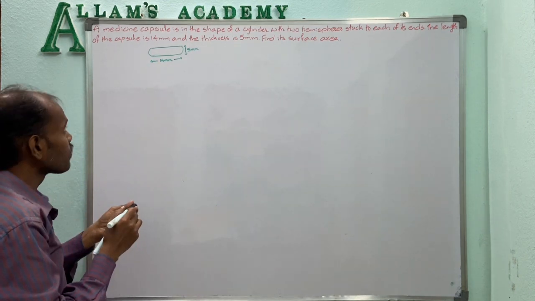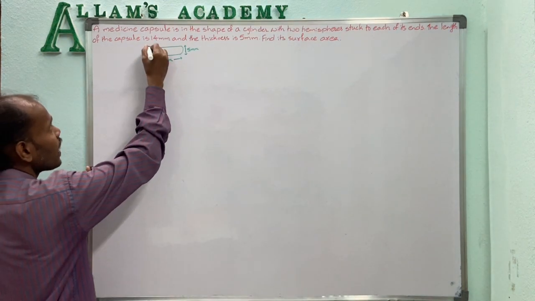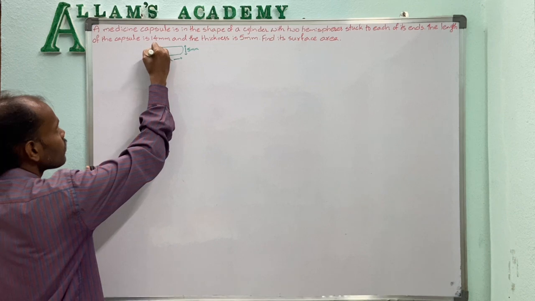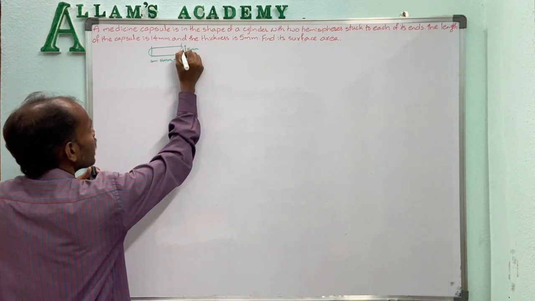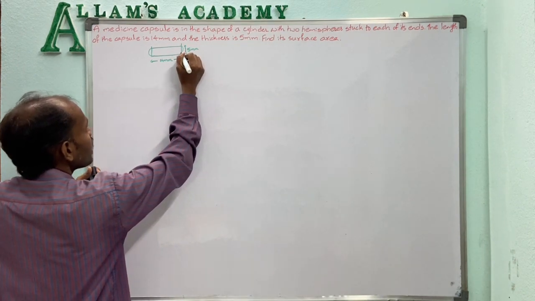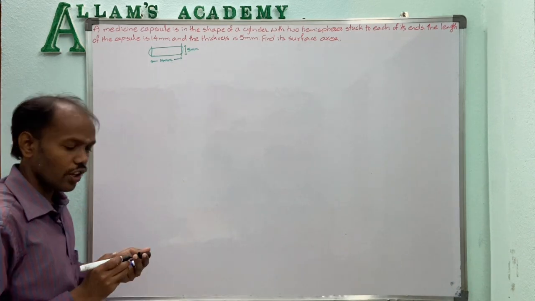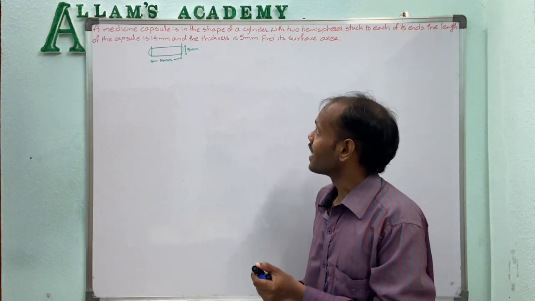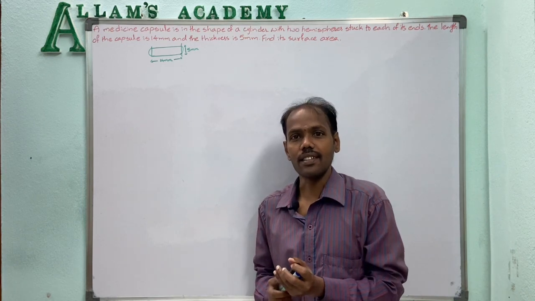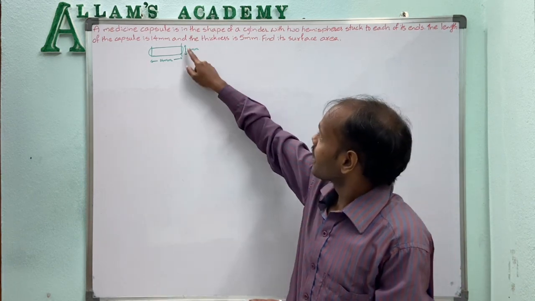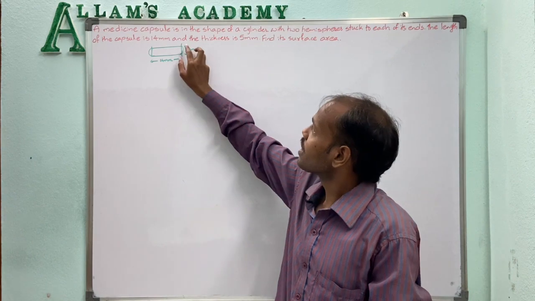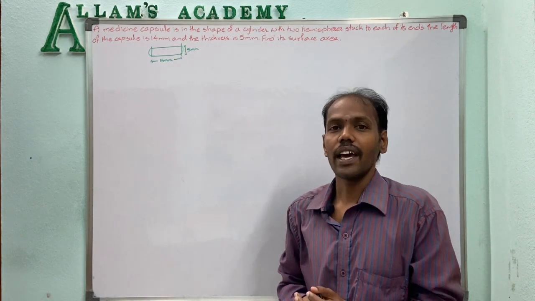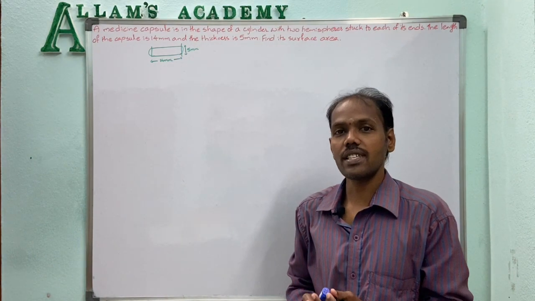So now here, if we divide it, we get the cylindrical shape. We want to find the cylinder's length and radius, and here two hemispheres are forming, so we need the hemispheres' radius to find the curved surface area.